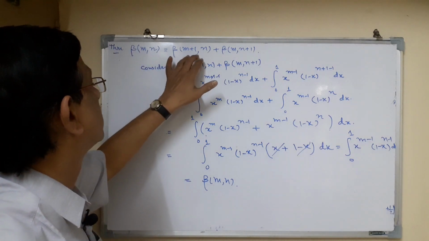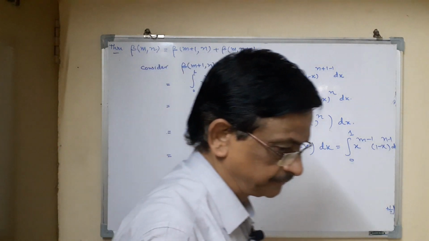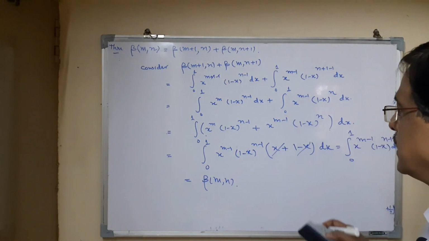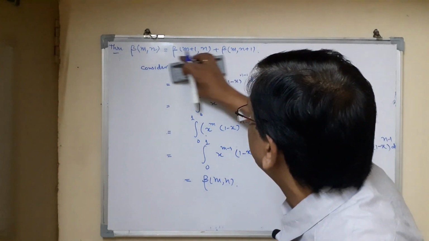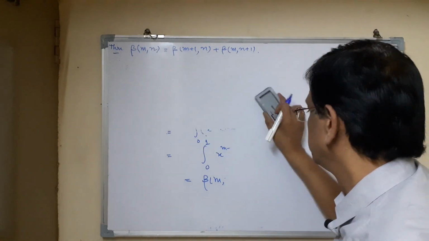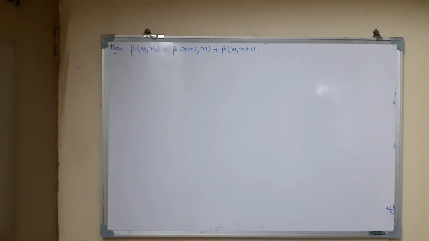Beta mn is beta m plus 1 comma n plus beta of m comma n plus 1. And there are many other results which give a lot of information on beta and gamma functions.